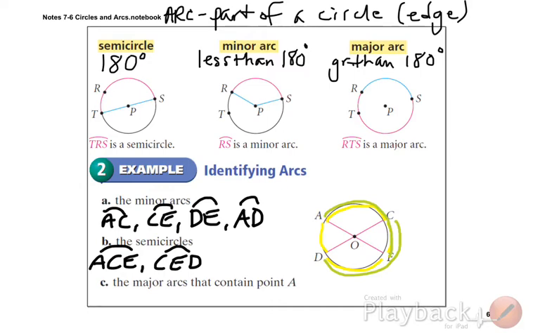And there should be another one here. There's that arc right there, which is arc ADE. And I believe there's one more. This one right there, that would be arc DAC. Those are all semicircles.